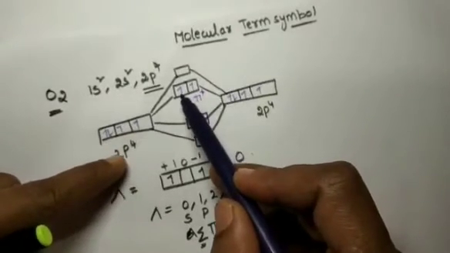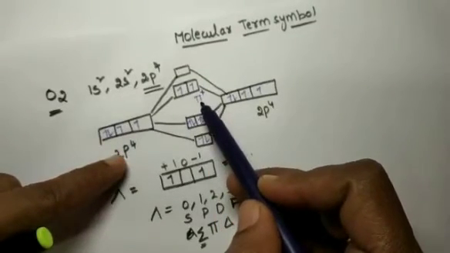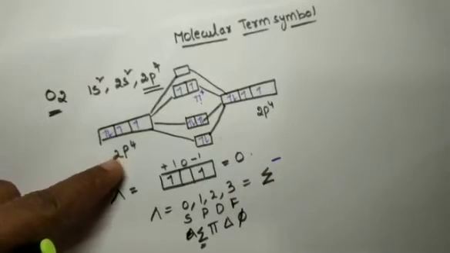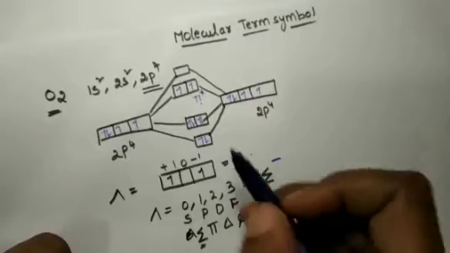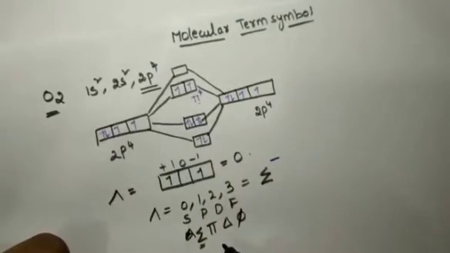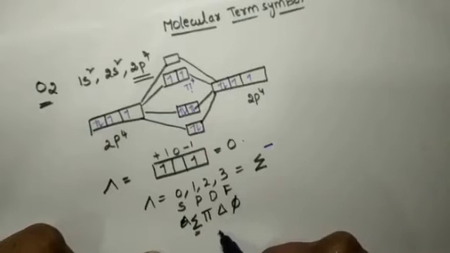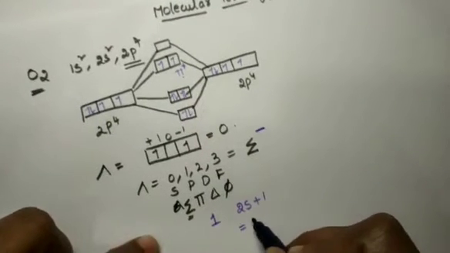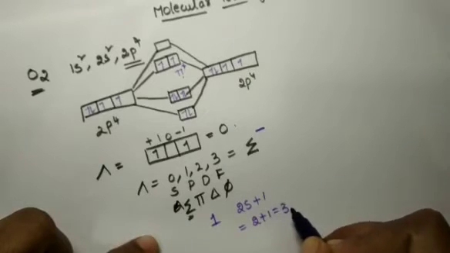And we have 2 electrons in the pi star orbital, so it will be a minus sign. Spin multiplicity: 2 electrons are there, plus half and minus half, which gives S equal to 1. So 2S plus 1, 2 plus 1, is equal to 3.